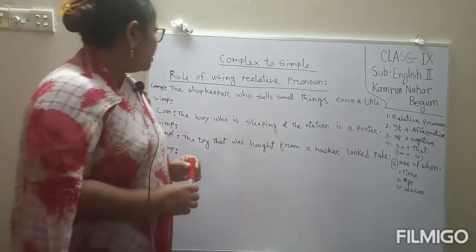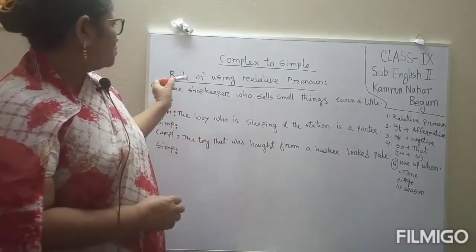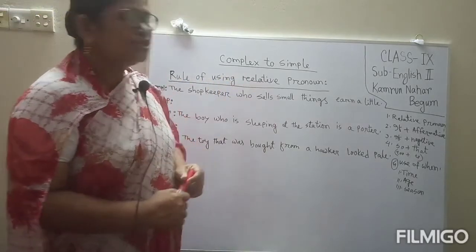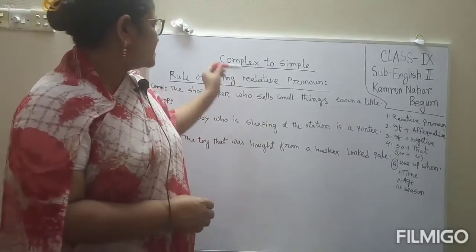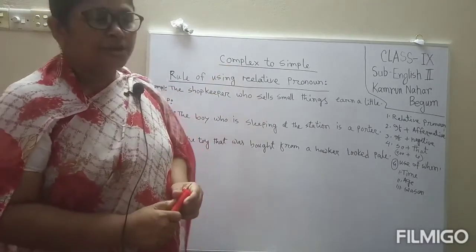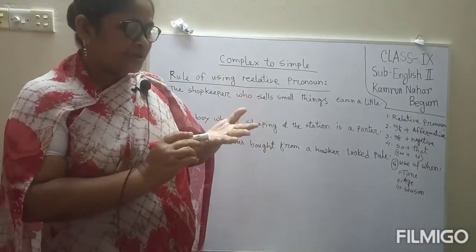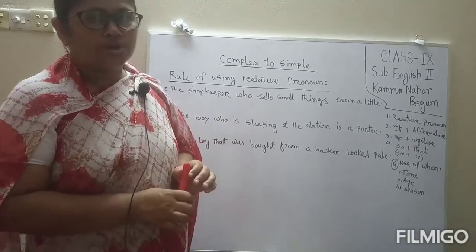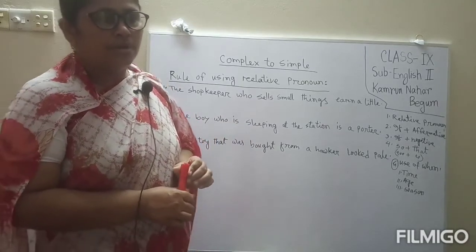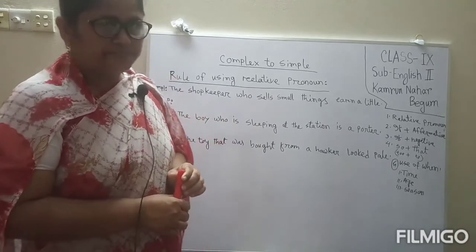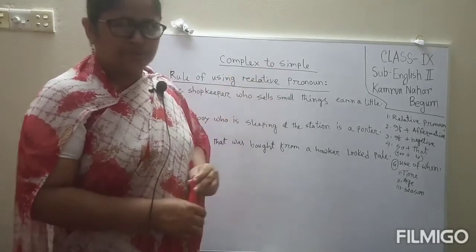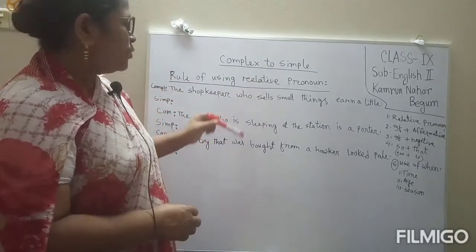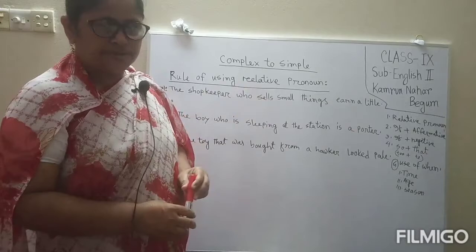Now, today we will learn about the rules of using relative pronouns. If you get a complex sentence containing a relative pronoun such as that, which, what, how, when, etc., then how will you change it into simple? You will follow some strategy.